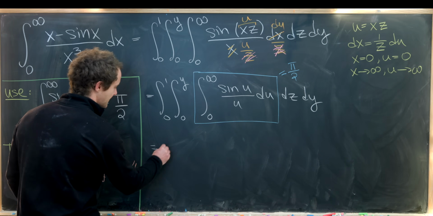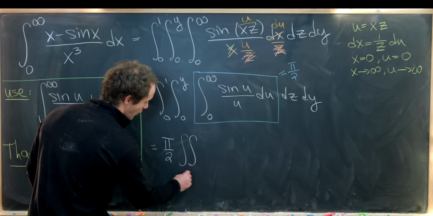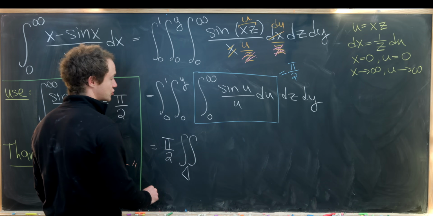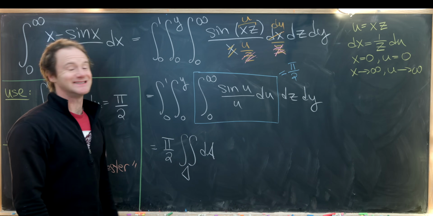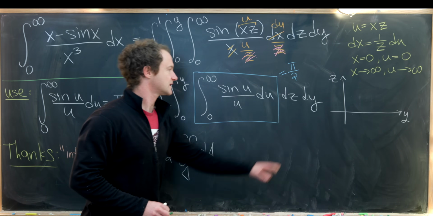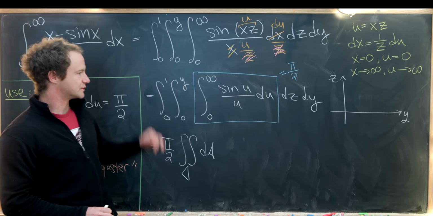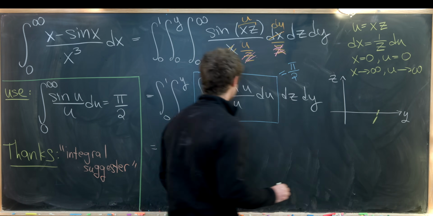Then I'm going to rewrite this as pi over 2, and then the integral over a region which I'll call triangle dA, where this region triangle is in the zy plane. So let's draw a picture of it. So let's notice the y value is going between 0 and 1. So I'll put a 1 here on the y-axis.